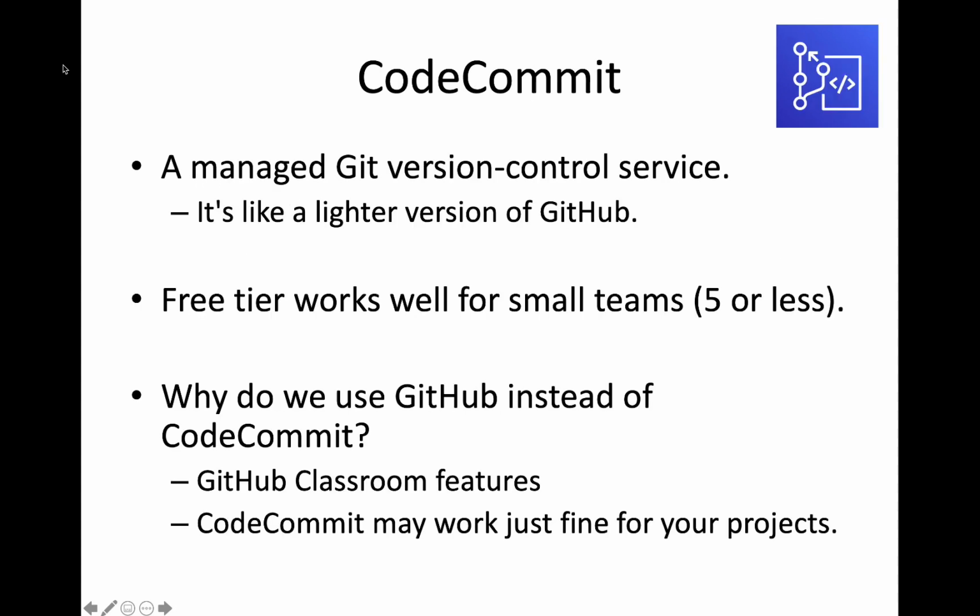And along with Cloud9, there is a platform called CodeCommit, which is kind of like a light version of GitHub. It's a managed Git version control service provided by AWS. It's already enabled in your account, and AWS offers a free tier that certainly would work well for an individual software developer.